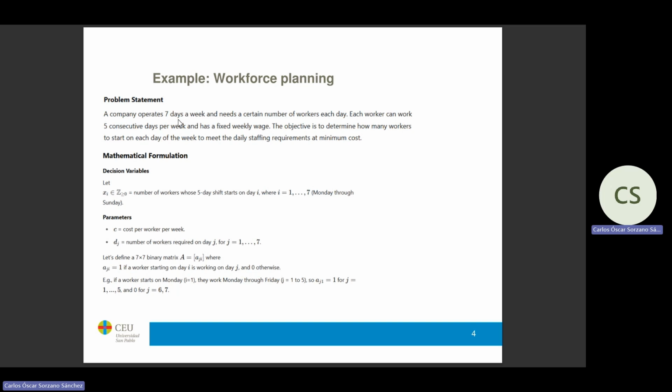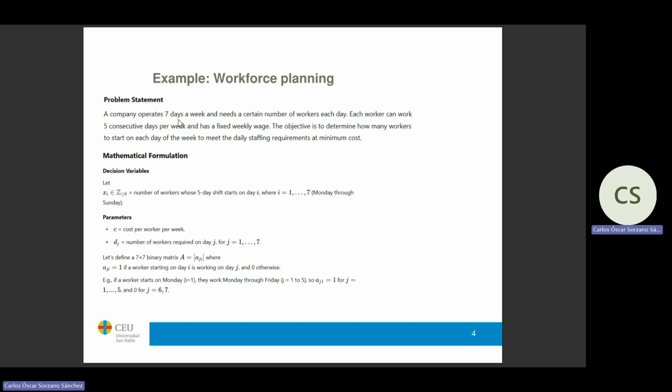Then how many will start on Monday, how many will start on Tuesday, and so on. And there is a cost associated per worker per week. And d_j is the number of workers you require every day. So this is the demand, and this is what we are trying to optimize.